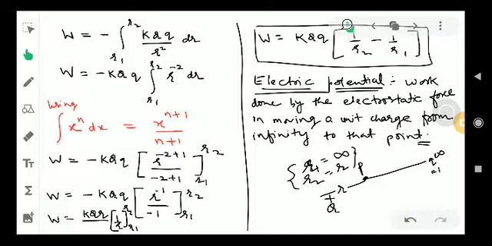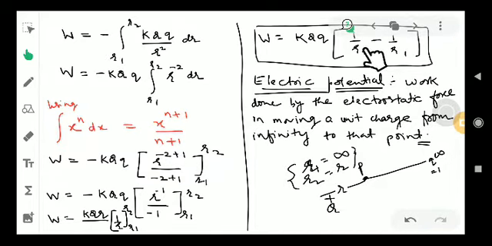At any point, electric potential is defined as the work done by the electrostatic force in moving a unit charge from infinity to that point. So r1 will be infinity and r2 will be r. Remember, in place of r1 we put infinity, and in place of r2 we put r.